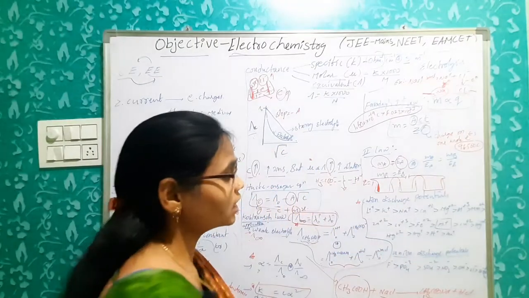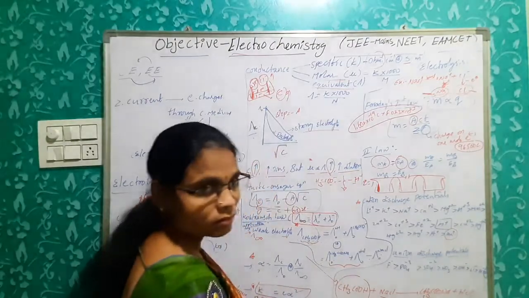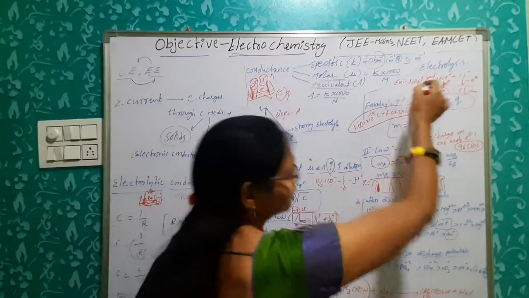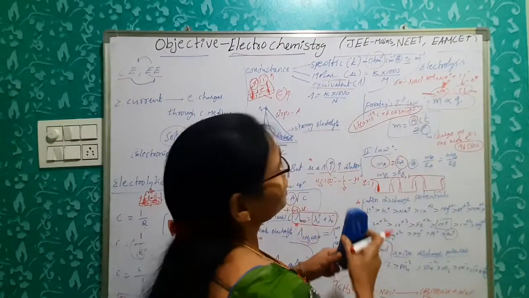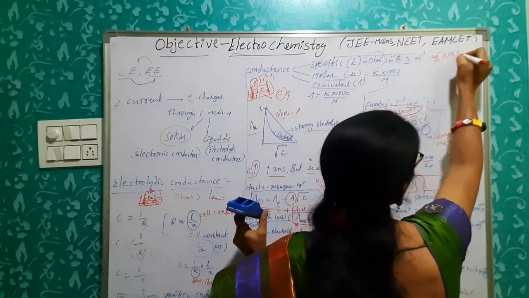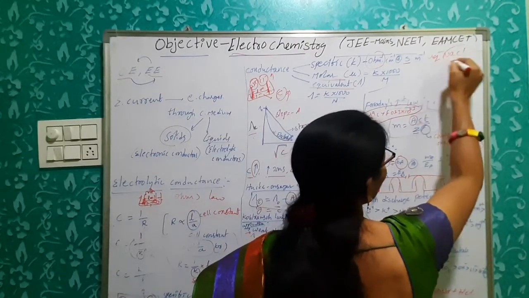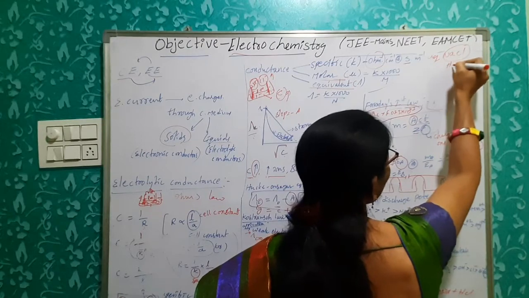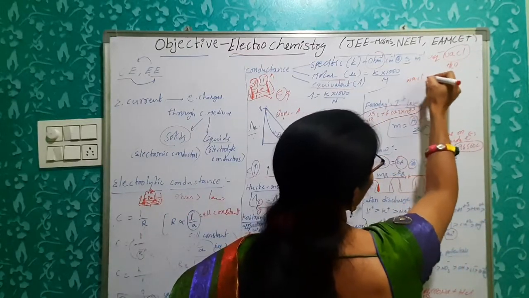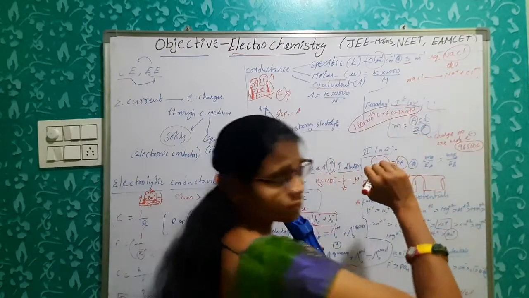The one which has a lower discharge potential is discharged first. I will show you clearly with an example. Suppose aqueous NaCl: along with NaCl it has water molecules. NaCl decomposes to give Na+ ions and Cl- ions.